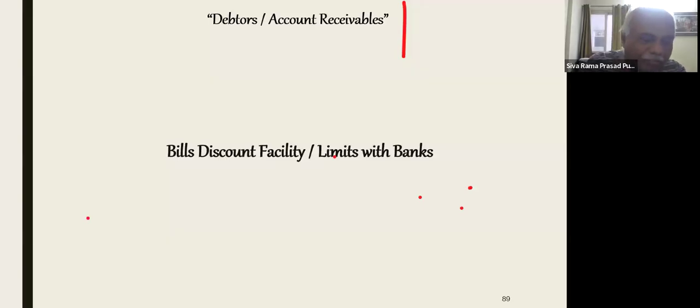I request you to please discount, give 90%, and whatever 30 days interest and service charges, you deduct from the 10%, and after the 30 days you pay the amount. And these people, particularly the buyers, will pay directly to the bank. If the buyers do not pay the bank, the bank has every right to recover from the corporate debtor. For that, the corporate debtor is offering security to the bank.